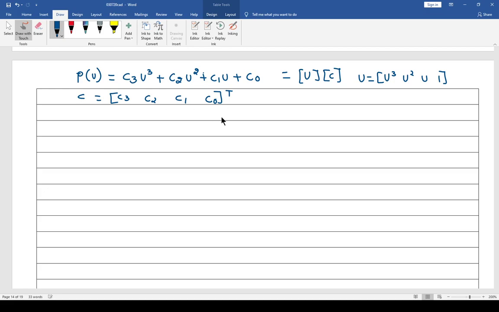I am writing it in one line, but it is actually a column matrix.